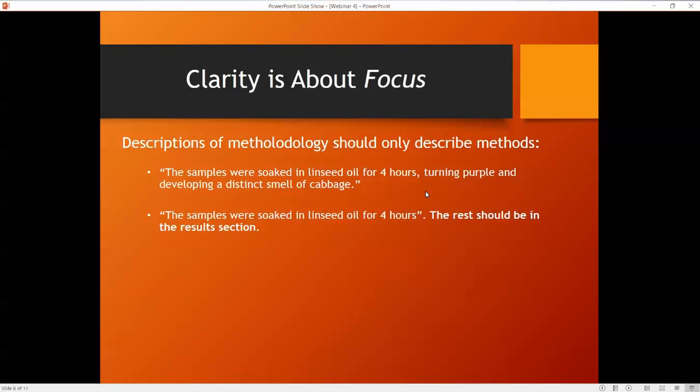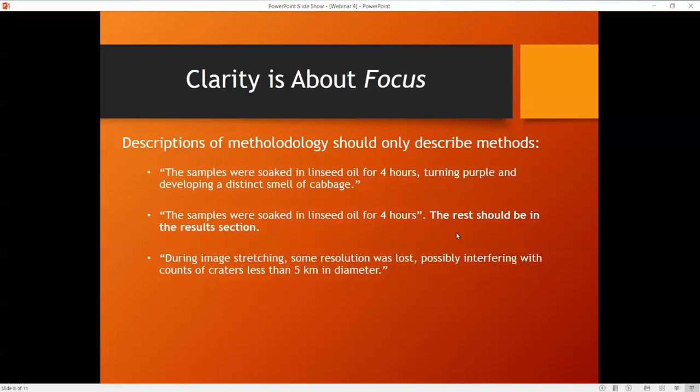When you're writing about methodology and the paragraphs start to get too long or the sentences start to get too convoluted, have a look at it and see what part of that isn't really about methodology. Because when it's convoluted, it probably isn't. And if it remains convoluted, it might well be that your methodology is very difficult to describe and you're going to have to start breaking it down into smaller sections.